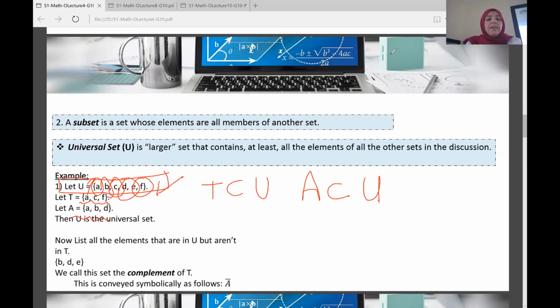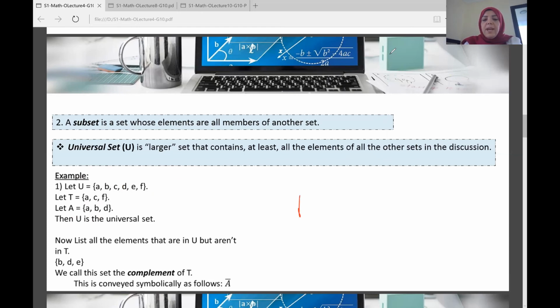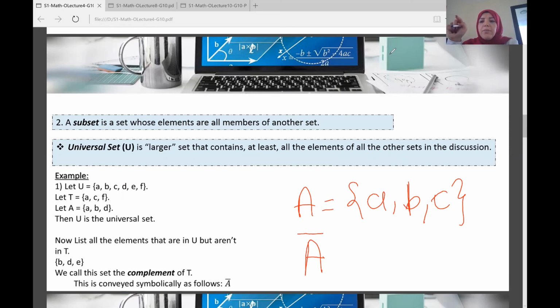Suppose we have, I'm going to take an easy example, the set A, which contains only A, B, C, okay? And I'm searching for A bar. A bar, what's the meaning of bar? It's the complement. What's the meaning of complement?